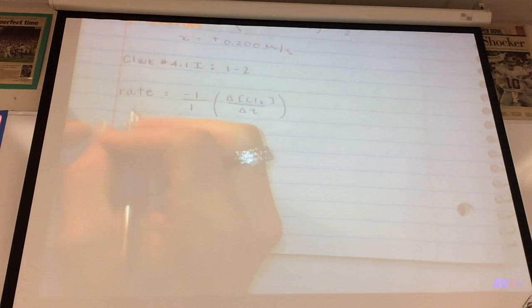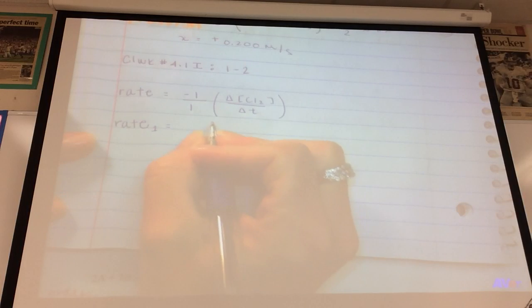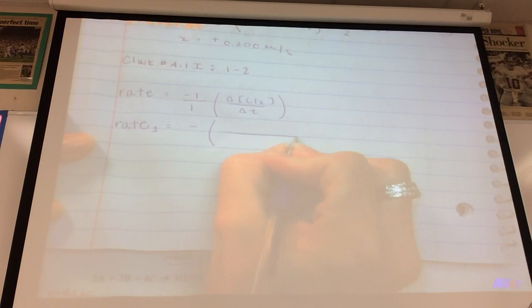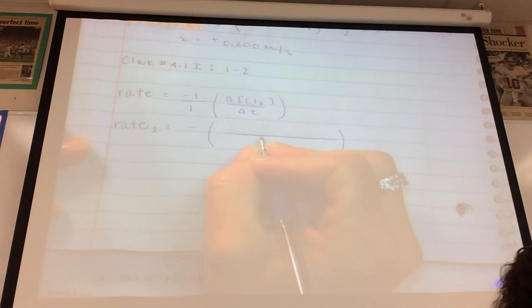If I want to know the rate for interval 1, I'm going to say rate 1 for interval 1, and that's going to be -1 over 1, change in concentration of chlorine over the change in time.